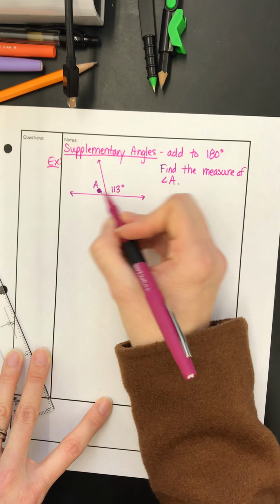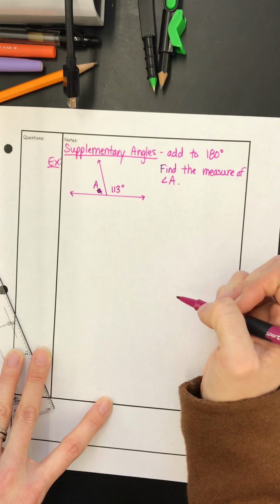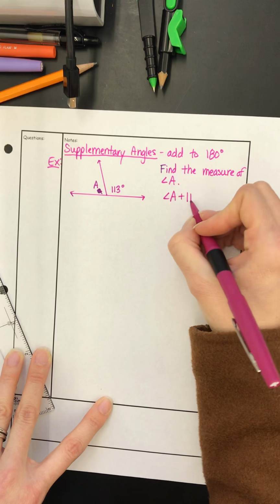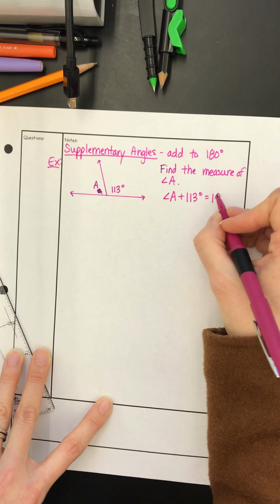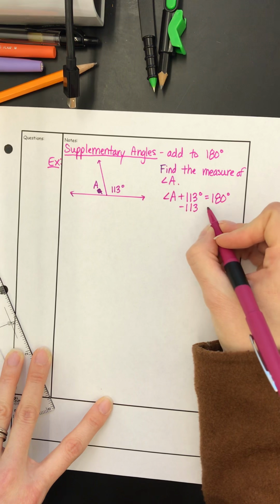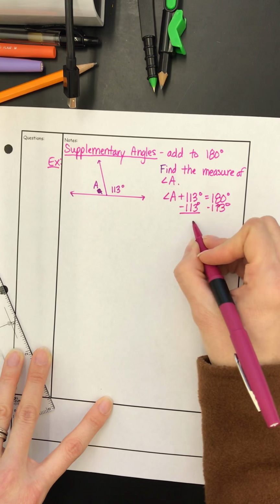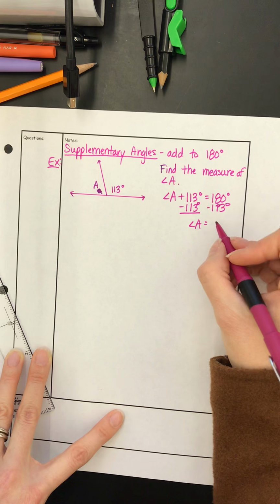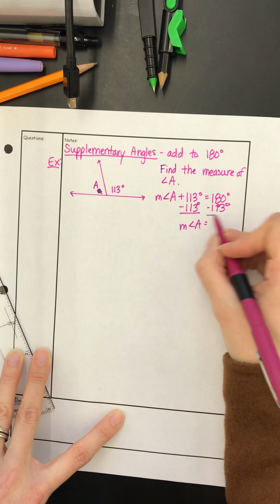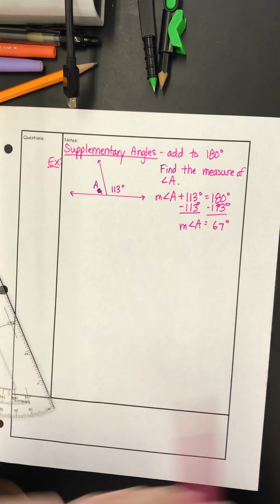This is a straight angle here, and we know that this whole thing from this side to this side is 180 degrees. So we can say that angle A plus 113 degrees is equal to 180 degrees. If we subtract 113 degrees from both sides, you're going to get that the measure of angle A is 67 degrees.